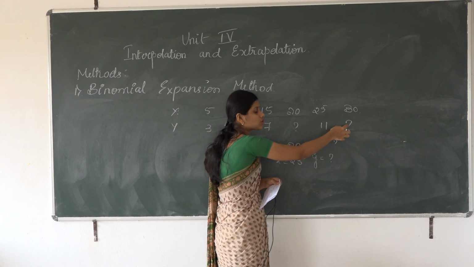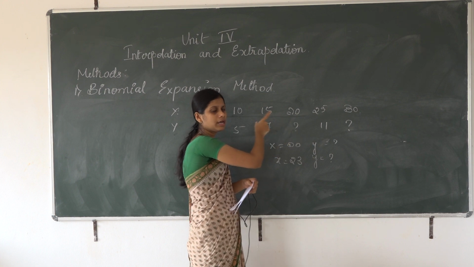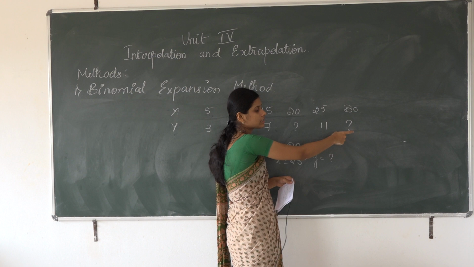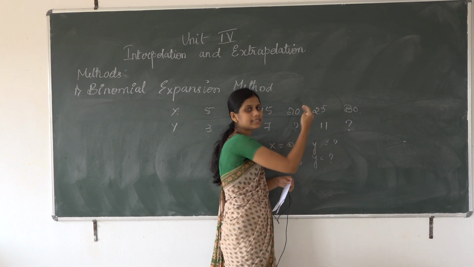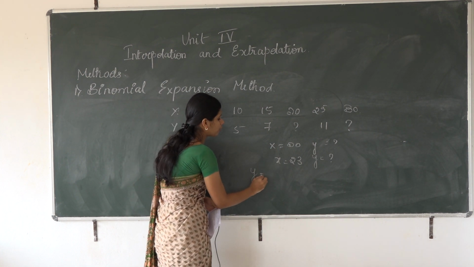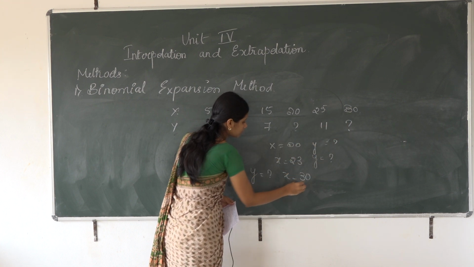Why is the first case interpolation? Because it lies within the range. But this is estimated with the help of extrapolation because it is outside the given range. So you can extrapolate the value of y when x is equal to 30.